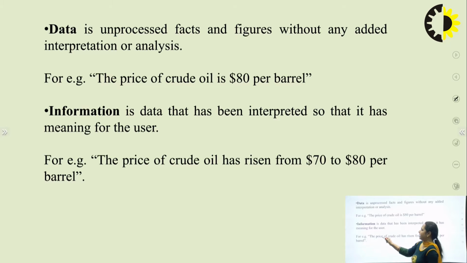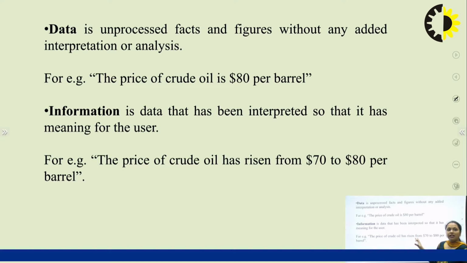But if I say the price of crude oil has risen from $70 to $80 per barrel, this statement can be interpreted as the cost having increased by $10. From this statement, I can interpret something, so this statement acts as information. So in a computer also, we provide data, and after processing and interpreting that data, we generate some information as an output.